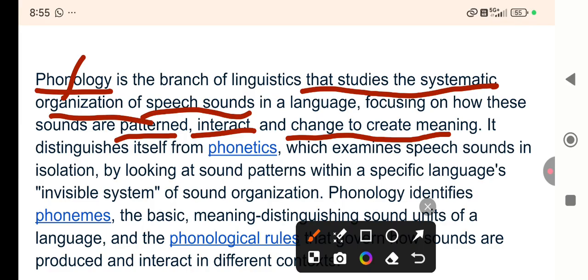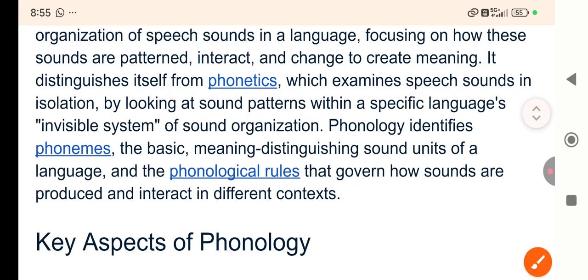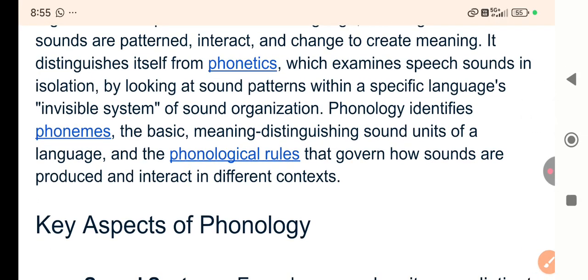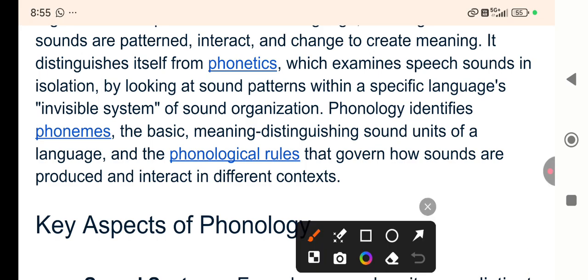So that is phonology. It distinguishes itself from phonetics. Phonetics is different; it examines speech sounds in isolation, by looking at the sound patterns within a specific language's invisible system of sound organization, right?